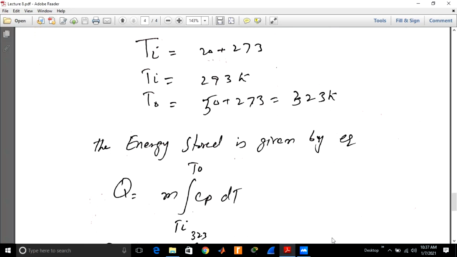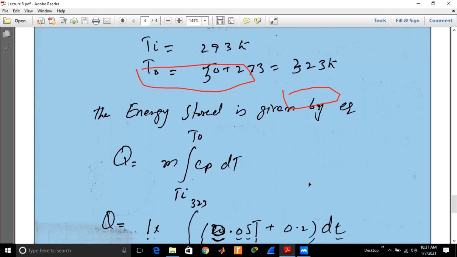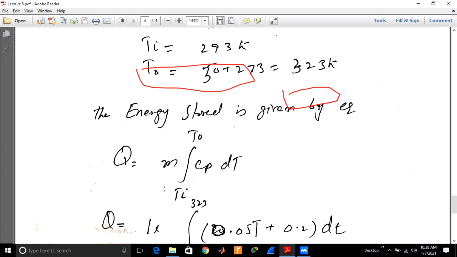So first of all, you will find the Ti in absolute scale and T naught in absolute scale. Then write the equation M times integral from Ti to T naught of Cp dT.